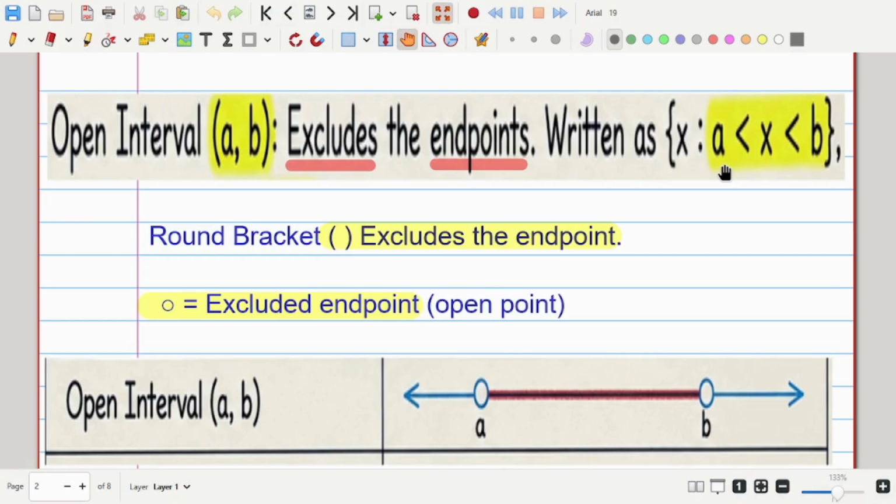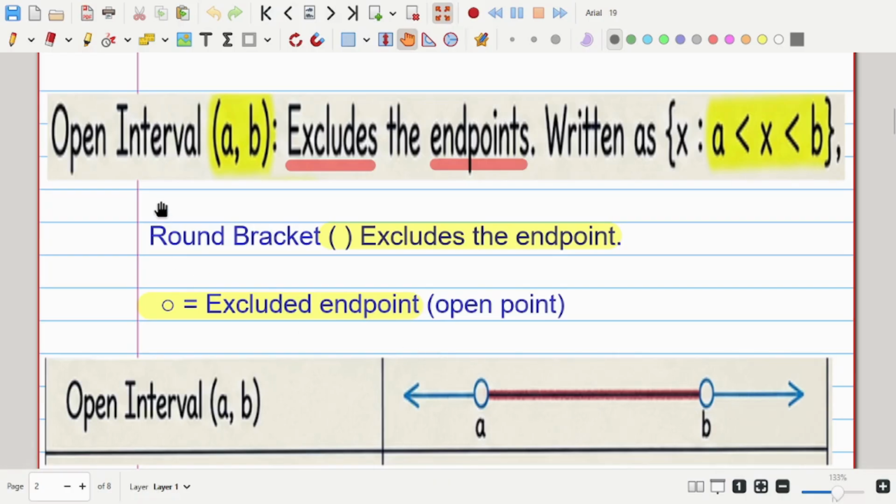Note that in an open interval we do not include the equality sign. On a real number line, these open points, meaning hollow points, indicate the open interval. This means we exclude the endpoints.